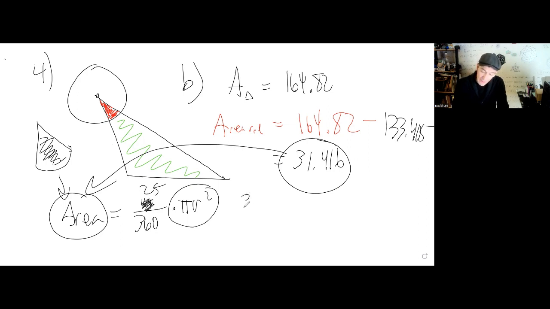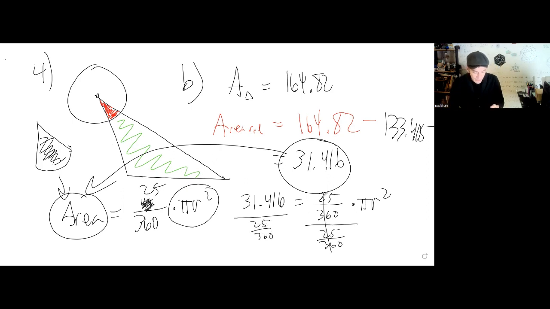31.416. So we have 31.416 equals 25 out of 360, because that's how much you want to take from the circle, because the full circle is 360, but we only have 25 degrees of those 360. Hence, 25 over 360 times pi r squared. So from here, take a calculator and divide both sides by 25 over 360.